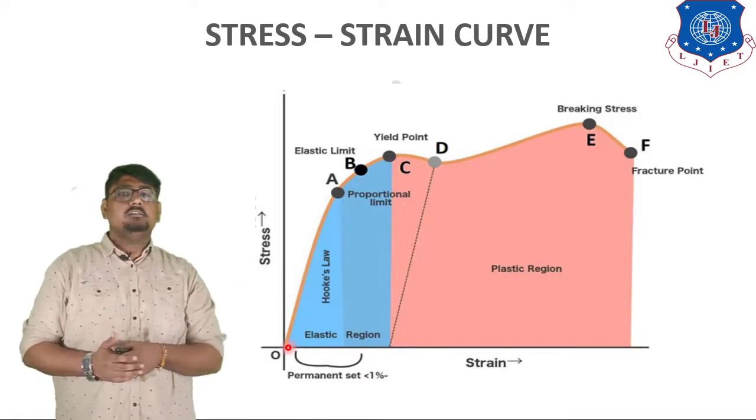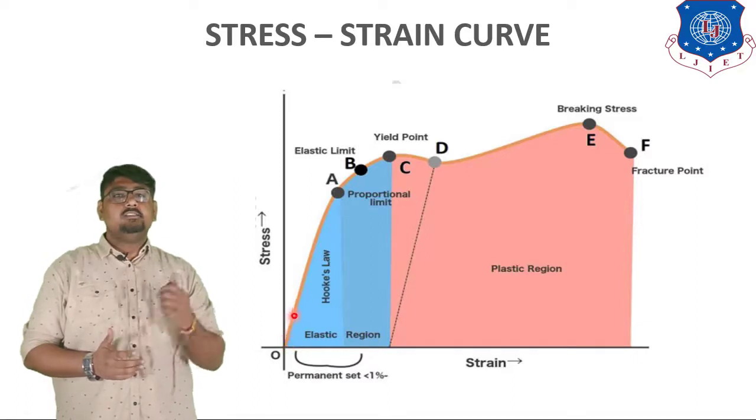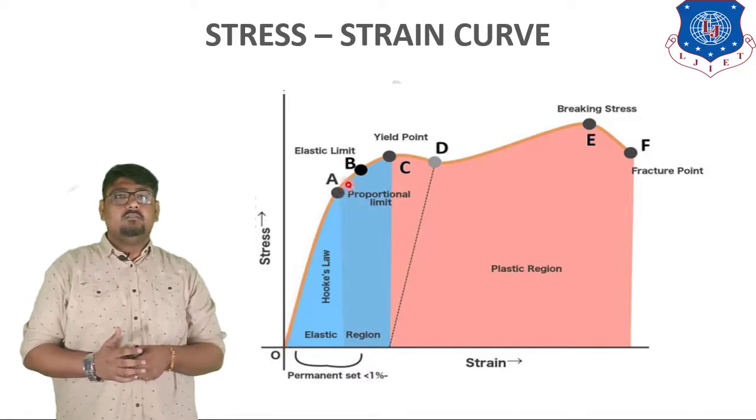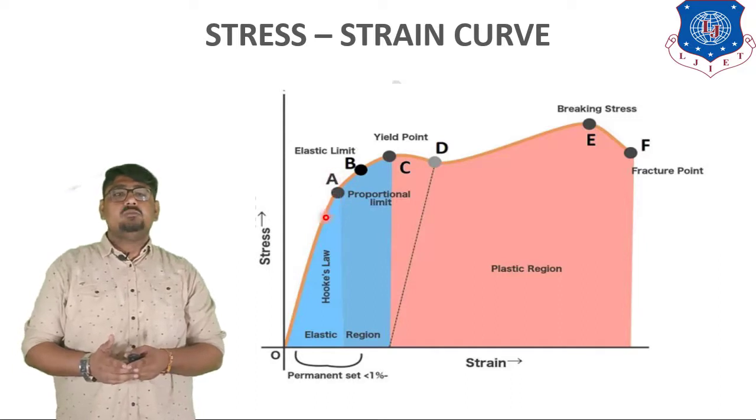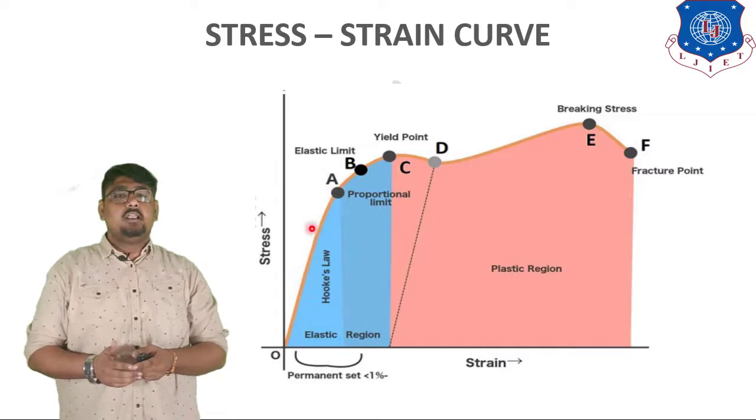So the first one is the limit of proportionality. You can see the point A in the graph. That is the limit of proportionality or proportional limit. In the range OA, the strain is proportional to the stress and the graph is a straight line.